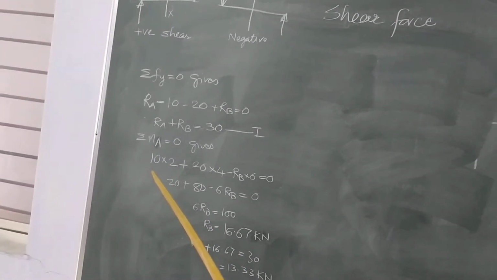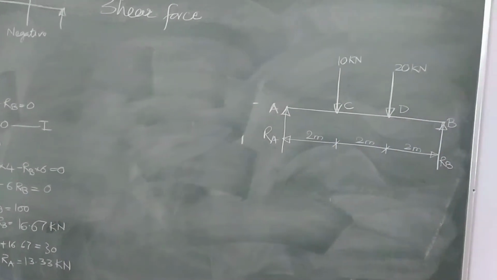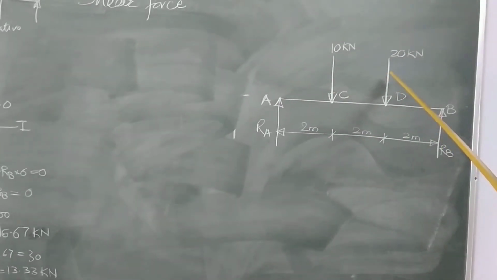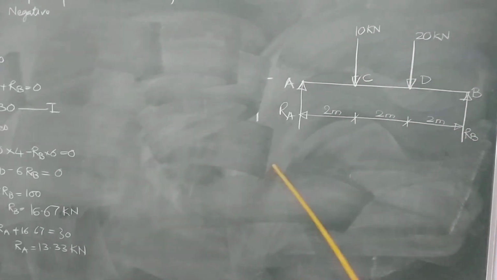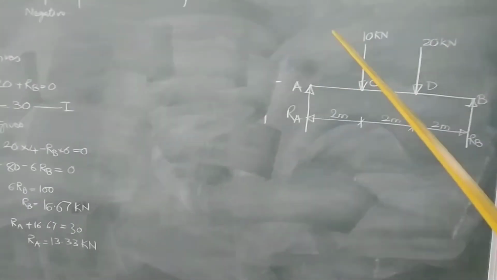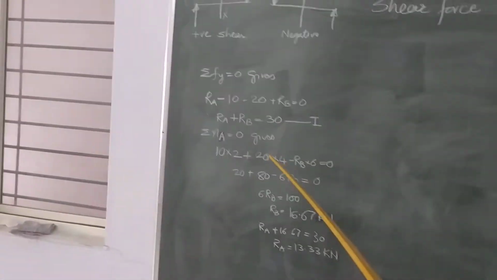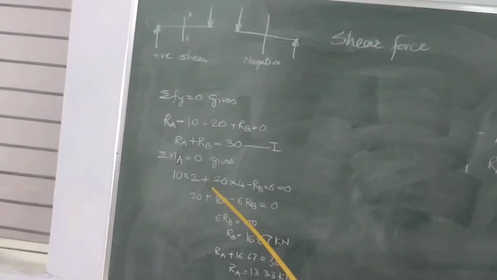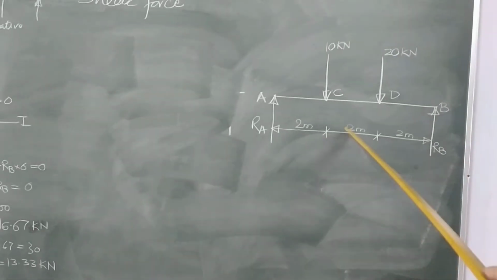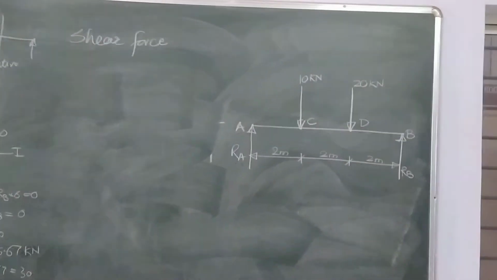Then, again 20, we are taking moment about A. You can take moment about any point, you can also take moment about B. So, 20 into 4, don't get misunderstood, it is not 2, it is 2 plus 2, because we are taking moment at point A. So, 20 into 4, plus because it is clockwise moment, minus RB into 2 plus 2 plus 2, because RB is going anti-clockwise.